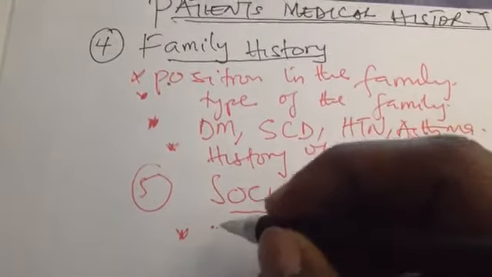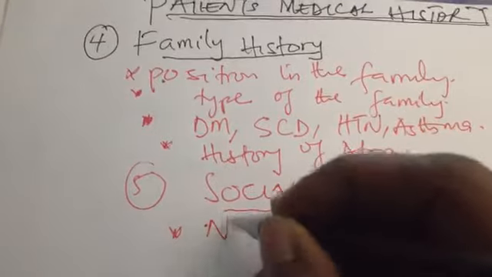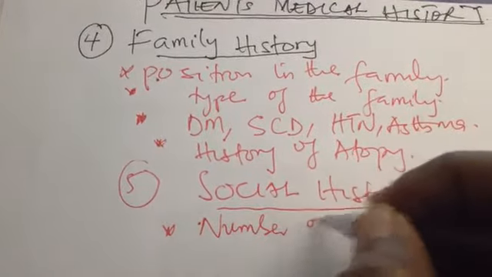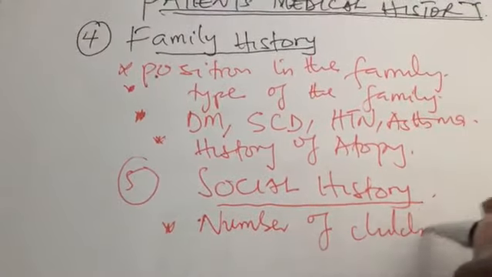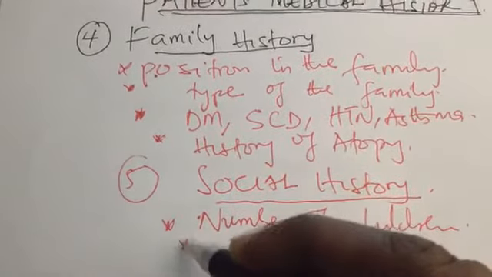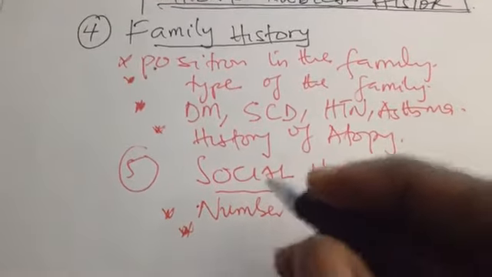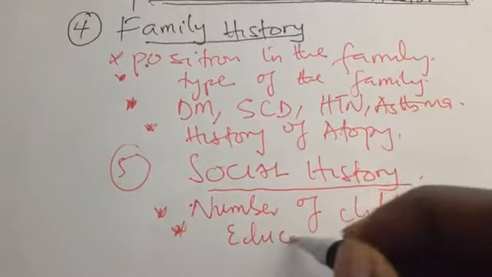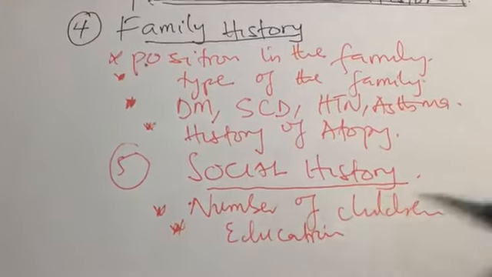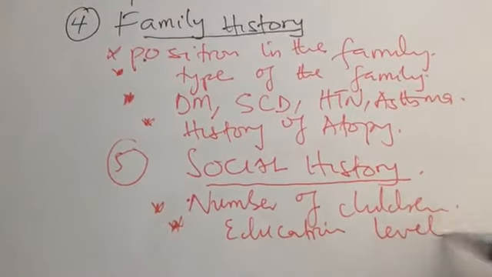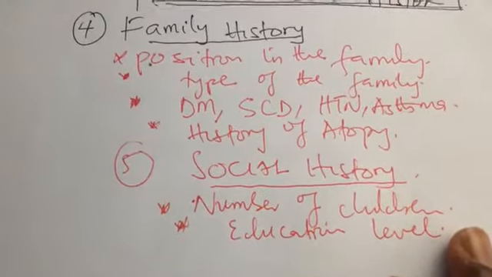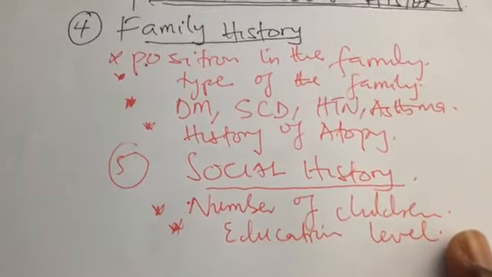But we are going to ask him the number of children. If he has children, then you are going to ask him education level. Has he completed high school, or is he now in high school, or does he have a degree?